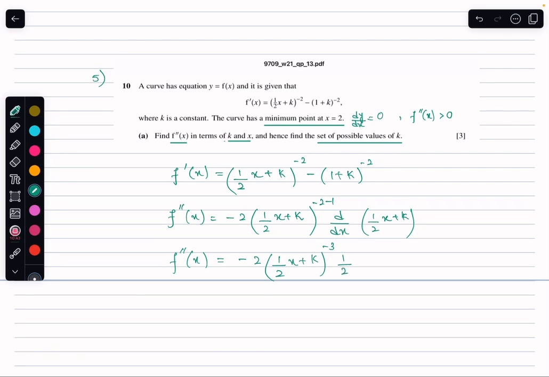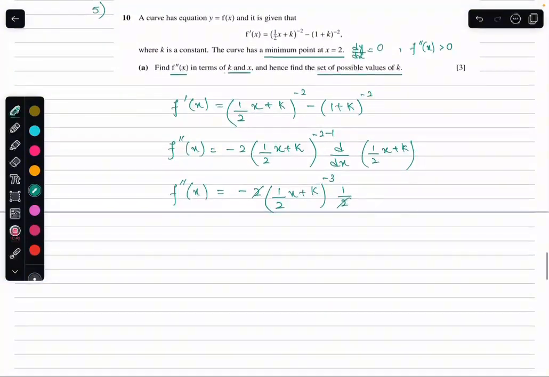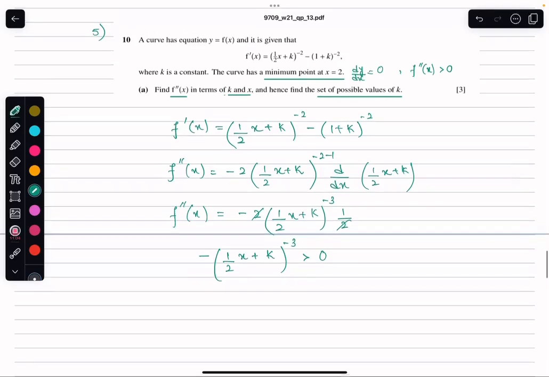The derivative of 1/2 x is 1/2 and k gets eliminated. So the 2 gets solved and I will be left with -(1/2 x + k)^(-3), and this needs to be greater than 0 because it has to be a minimum point. The curve should have a minimum point over here.